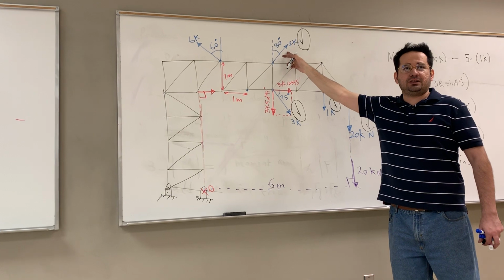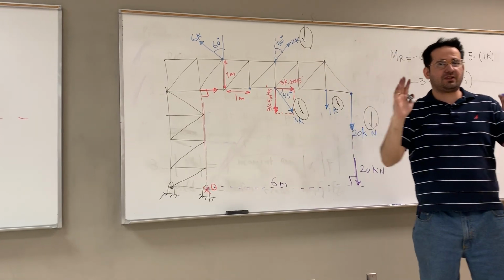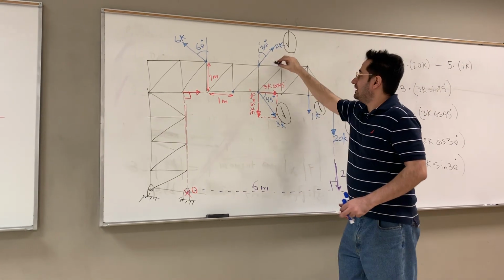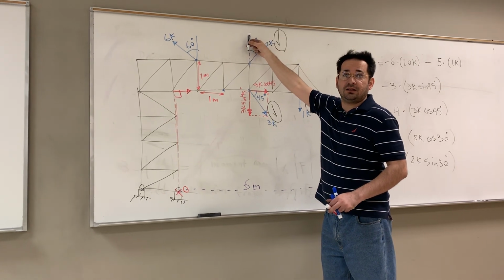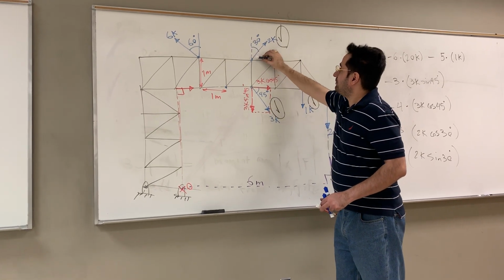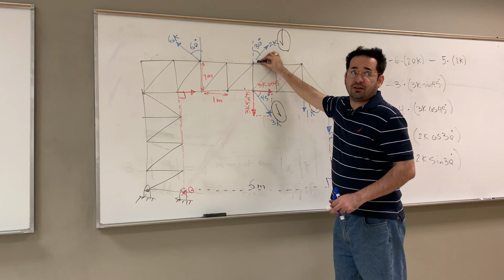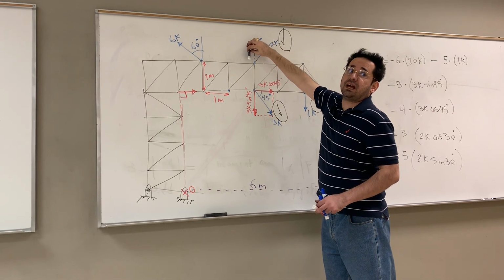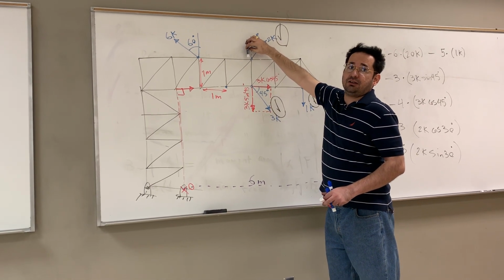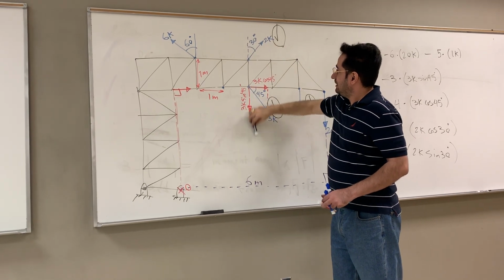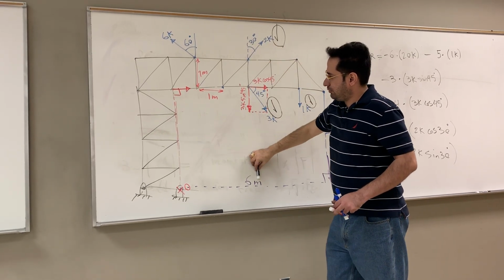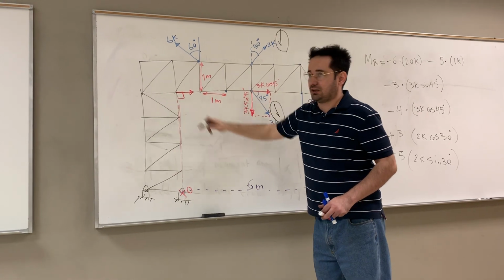Now, do you know how I did this? The same procedure. Step number 1, decompose it into x and y. So the x would be 2k sine 30, y would be 2k cosine 30, right? And then move this guy. So when you move it here, the moment arm would be 1, 2, 3.